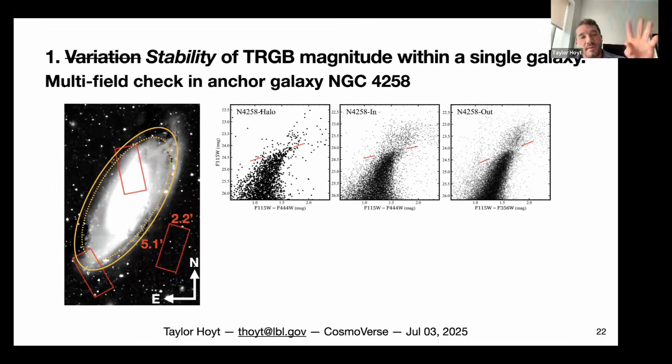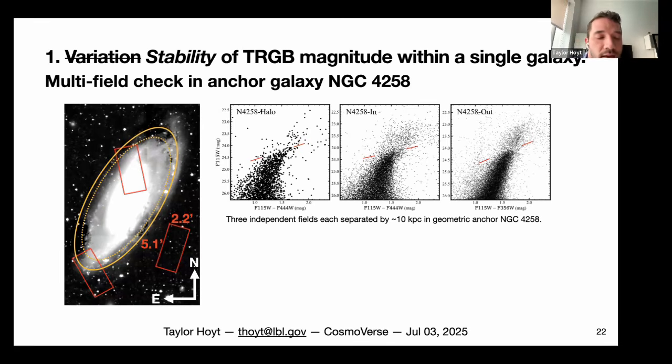So we had actually 3 independent fields acquired with James Webb of the geometric anchor galaxy NGC 4258.